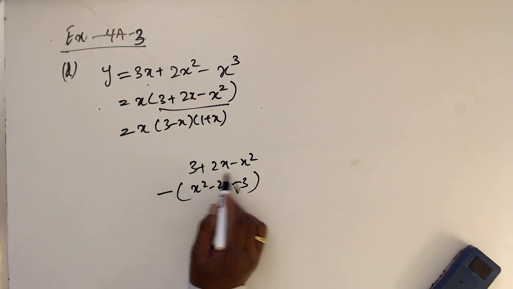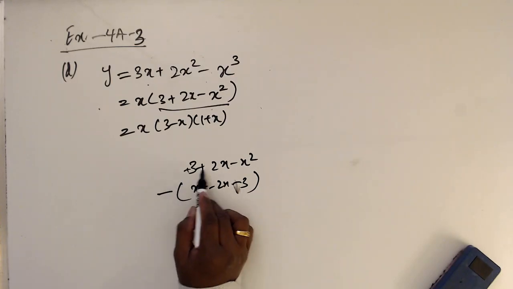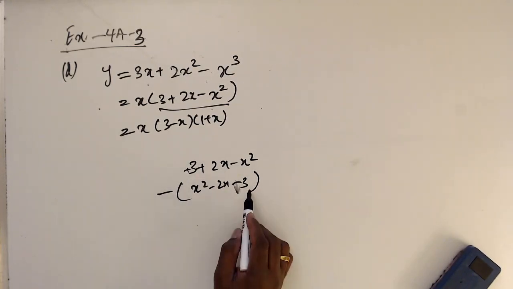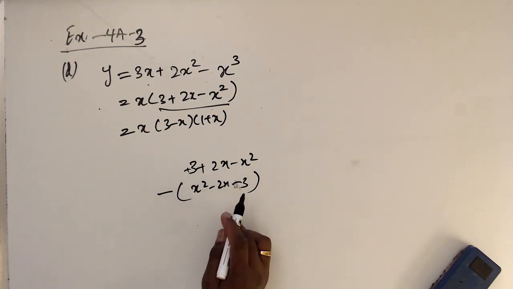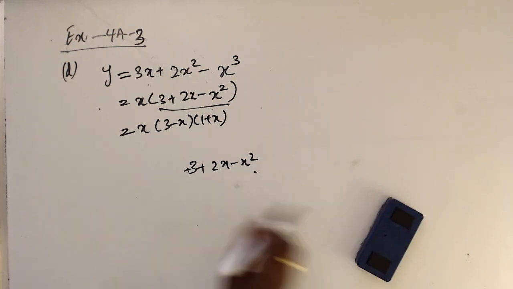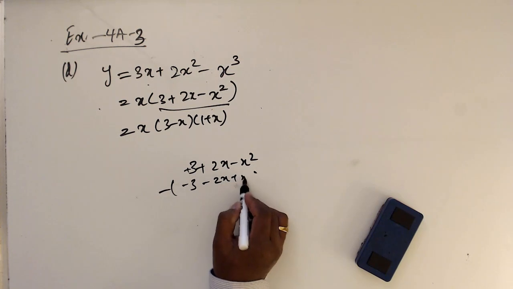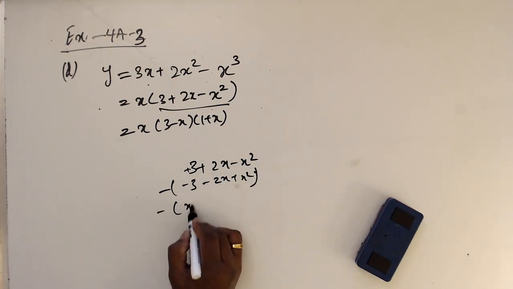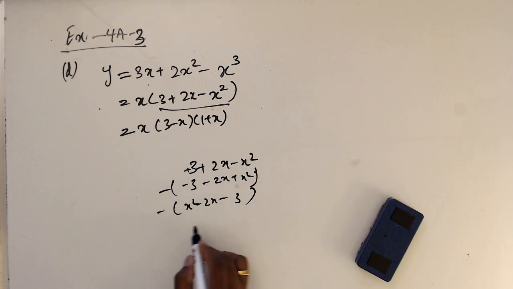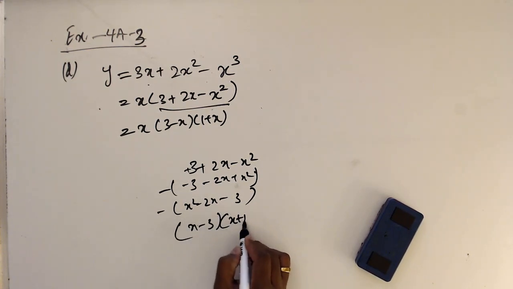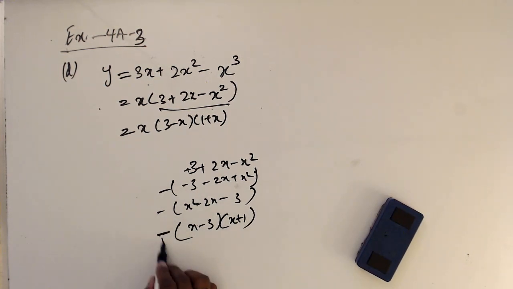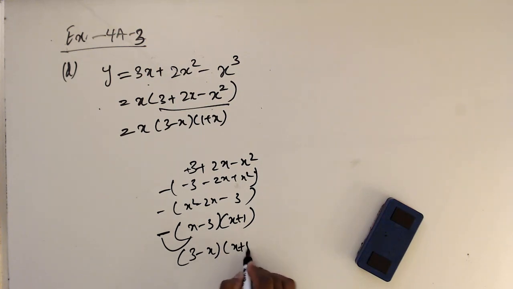I take minus 1 out from here, then all positive become negative, negative become positive, and I change the places as well. Then I take minus out: minus, x square minus 2x minus 3. Then this is going to be minus (x minus 3)(x plus 1). Now you can put this minus inside. This will become (3 minus x)(x plus 1).